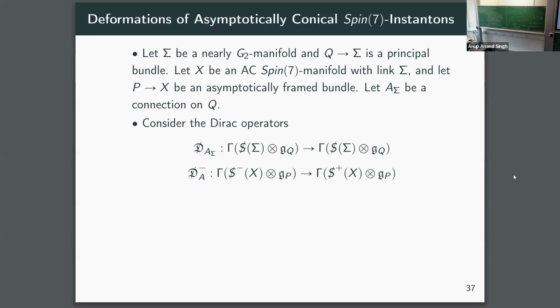And then I consider two Dirac operators. Look at this negative sign. The negative sign comes from the dimension being 8. So the Hodge star will split your spinor bundle into two parts, the positive and the negative, and if you restrict your Dirac operators to the respective spinor bundles, you get the positive Dirac operator and the negative Dirac operator.